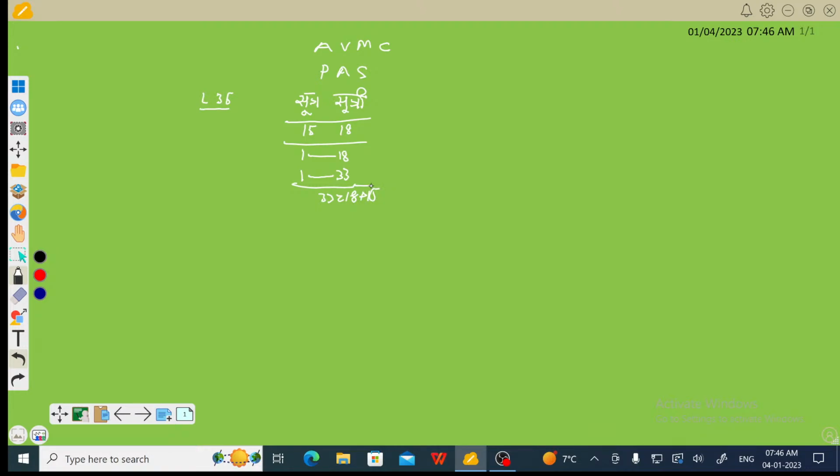The formulations Panini Ashtadhayayi Sthapatya will take us to Dirgha Sutri.